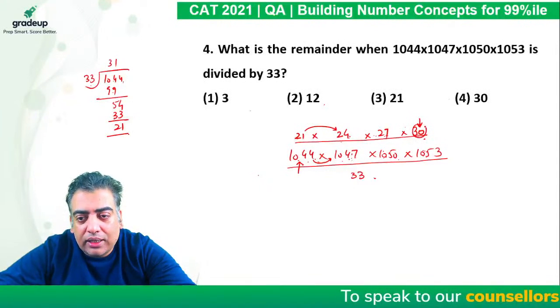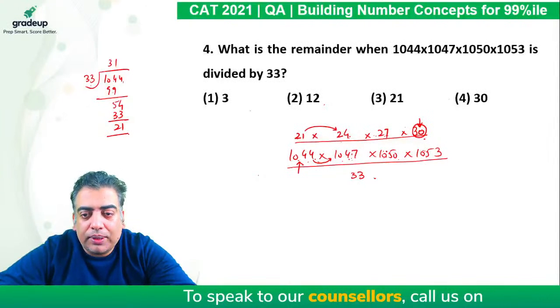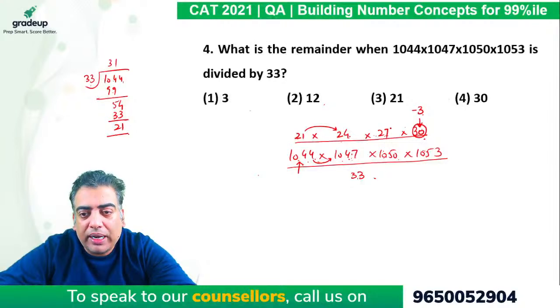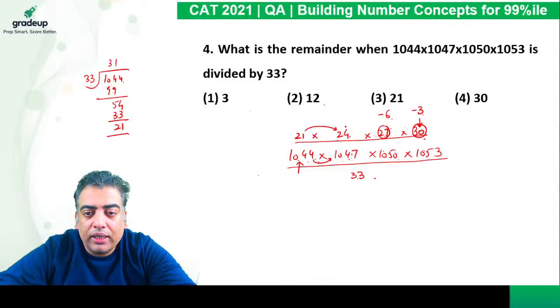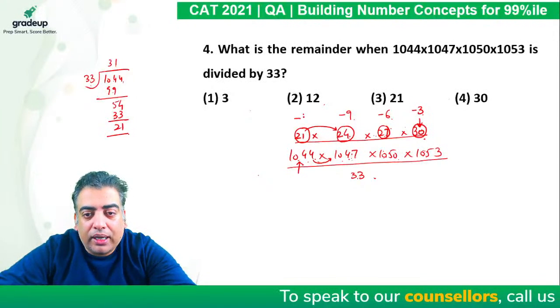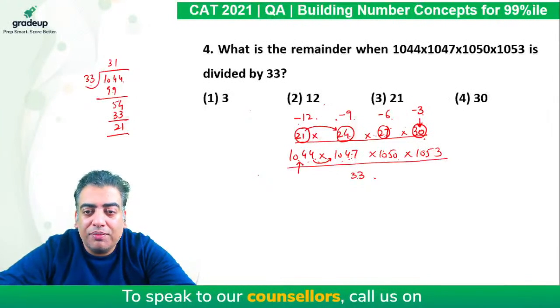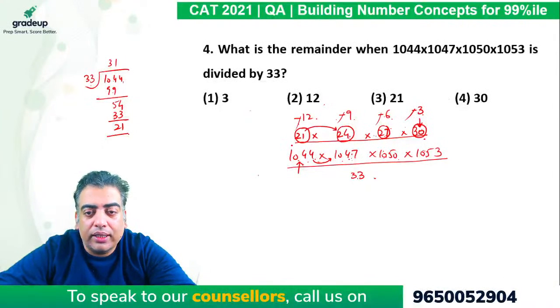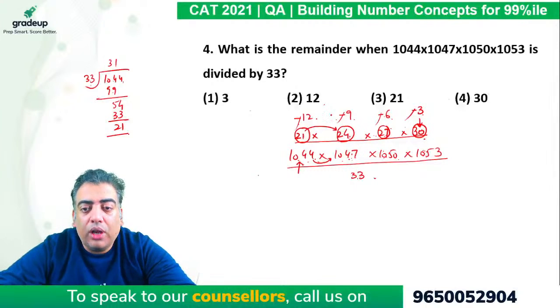Instead of taking 30, can I say this number is 3 less than a multiple of 33, so the negative remainder is minus 3. Here, the negative remainder will be minus 6, here minus 9, and here minus 12. So, a negative multiplied 4 times gets neglected, right? Now, my job becomes even easier.